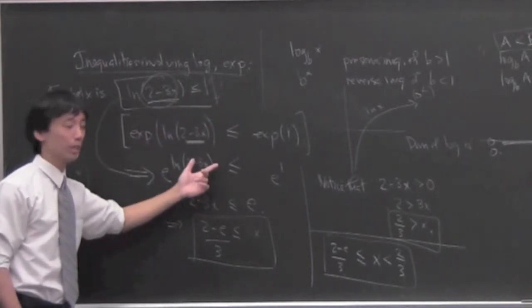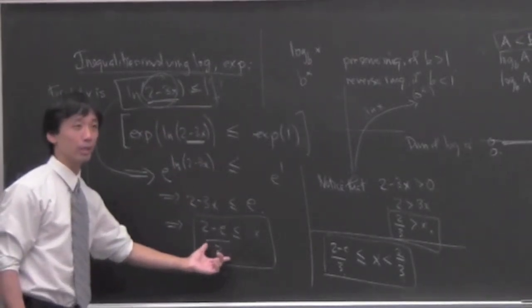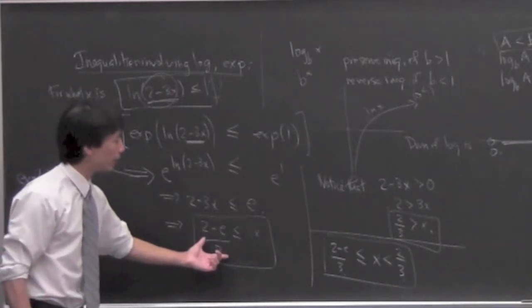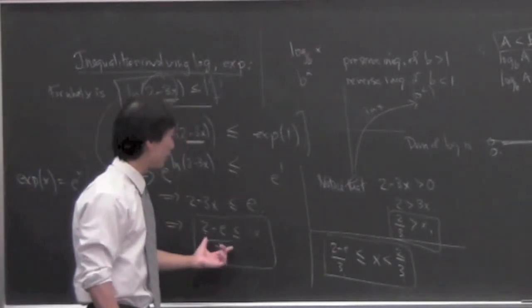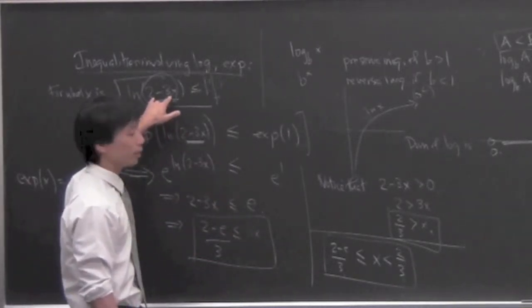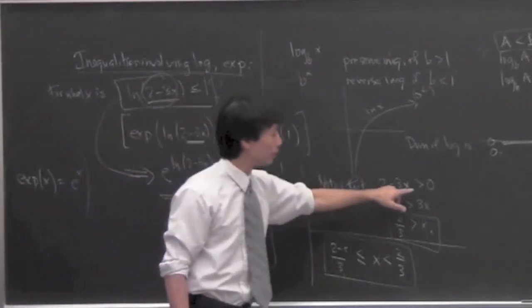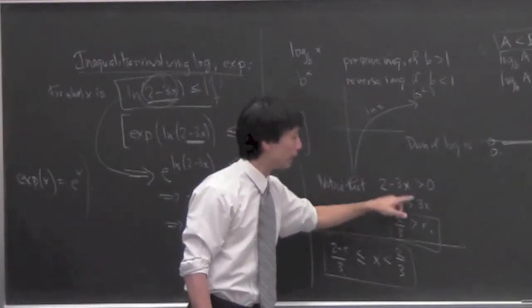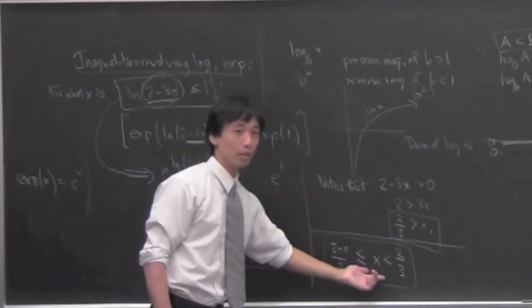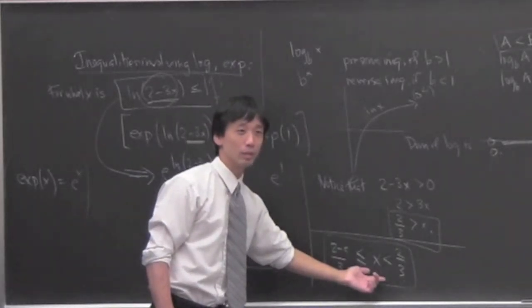Exponentiation preserved the inequality, and we ended with this inequality. Then we said x must be greater than or equal to this. But we also need 2 minus 3x to be greater than 0. That happens when x is less than 2/3, and so together, we get the range of our solution.